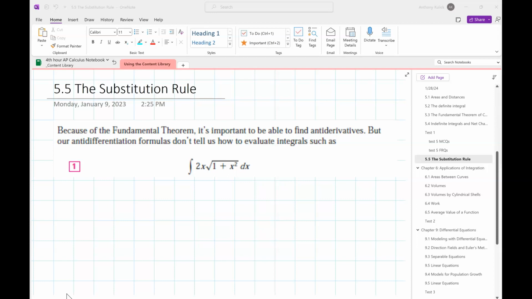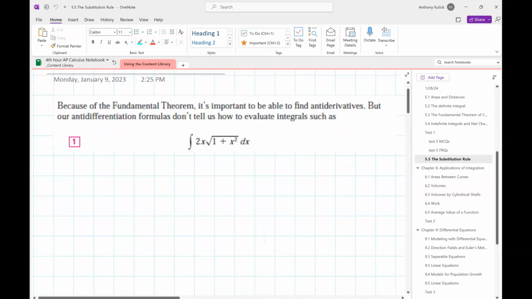As we go on, we're going to figure out how to do the antiderivative for some of those things. Today, we're going to be talking about the chain rule. What we're going to be talking about today is how to find the antiderivative of a chain rule derivative. Okay?